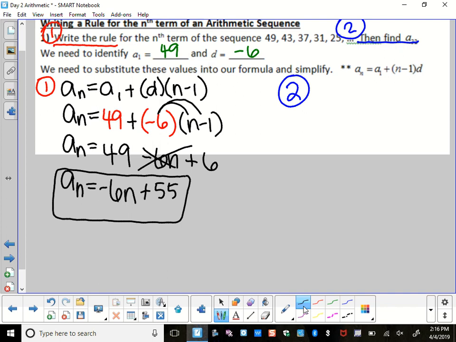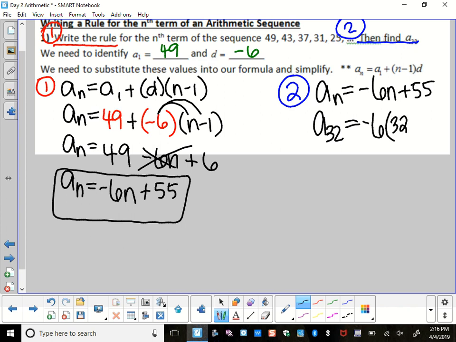Okay? So if I have my rule, which is a sub n equals negative 6n plus 55, which term do we need? The 32nd, right? So a sub 32. Isaac, are you following me? A sub 32 is equal to negative 6 times, my term is 32, plus 55.